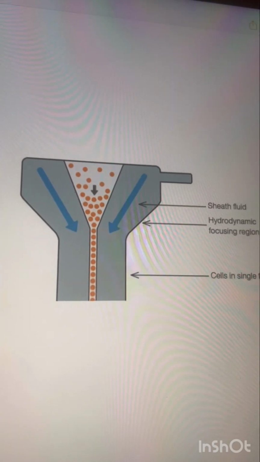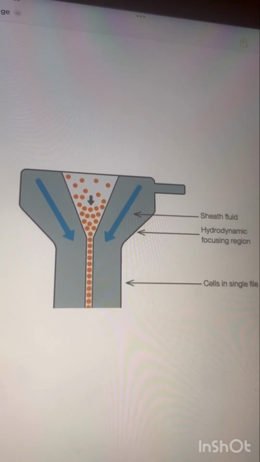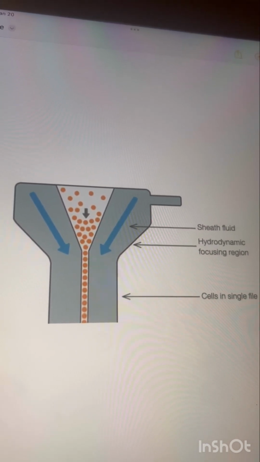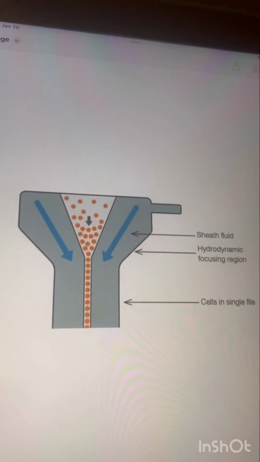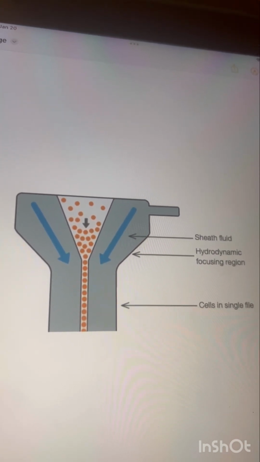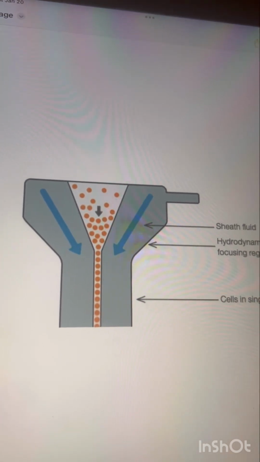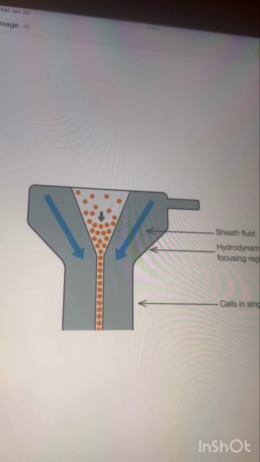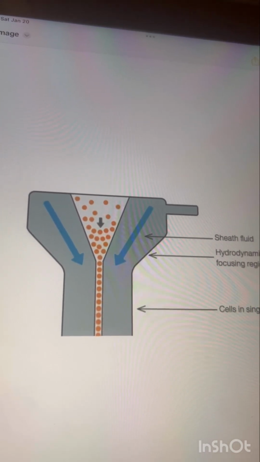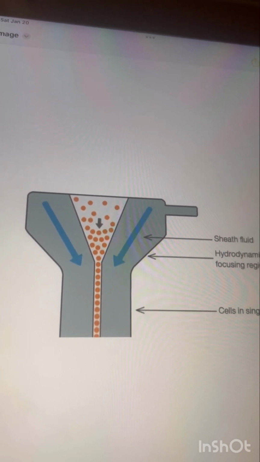So from this discussion, we understood one thing: in flow cytometry, if we want to get a good result, then the cell flow rate, or particle, whatever you are analyzing, is very important. If we can maintain the flow rate in a specific manner, then we will easily get a good result without any coincidence or any overlapping.